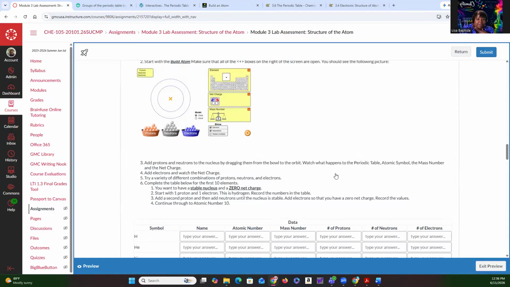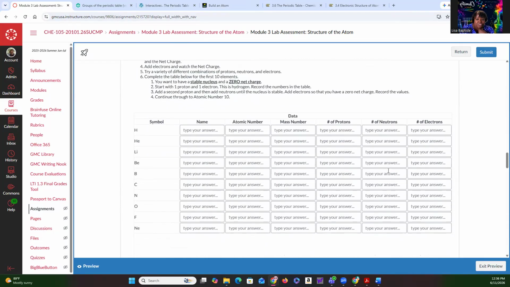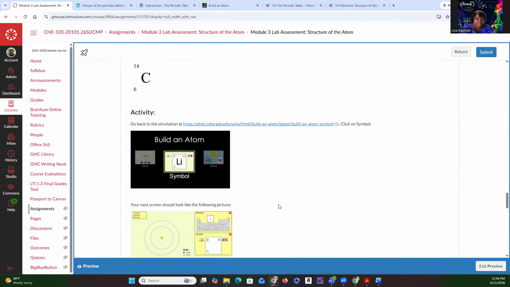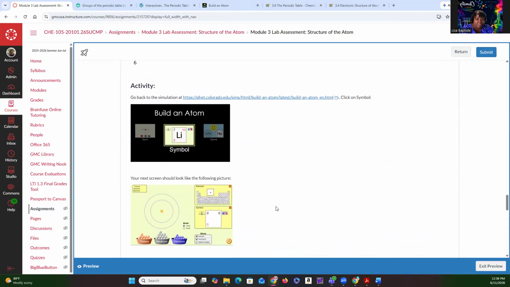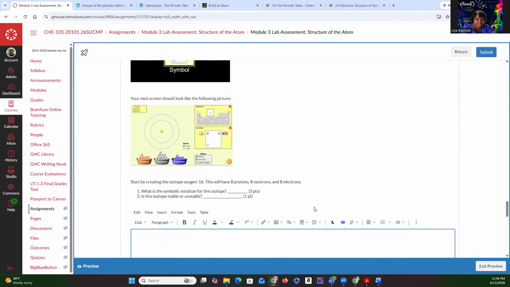And so once you've played around with it, you want to make sure that you fill in this chart with the important information. All right. And then answer those questions. Now we're going to look at this, but the activity for this one is we're looking at isotopes.